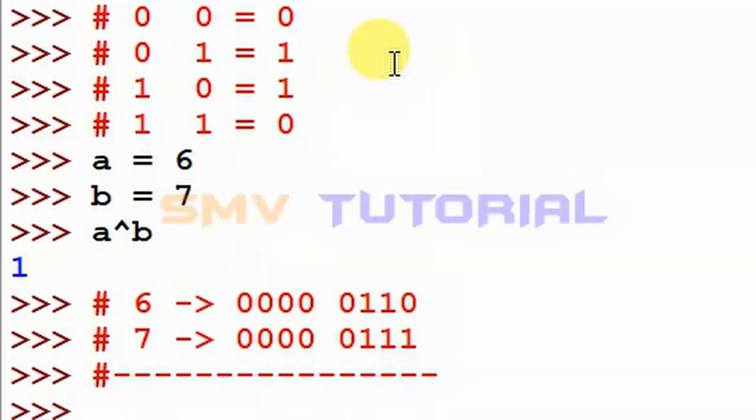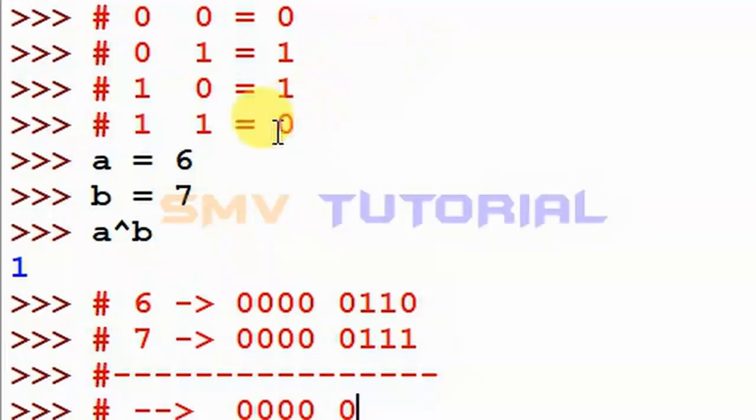So 1, this one is... First 0 0 is a 0, and next 0 0 is a 0 0. The 4 value is 0, and this one is 0, and 1 1 is 0.